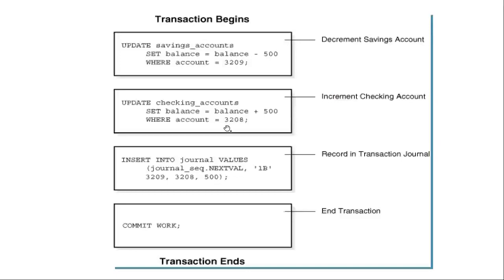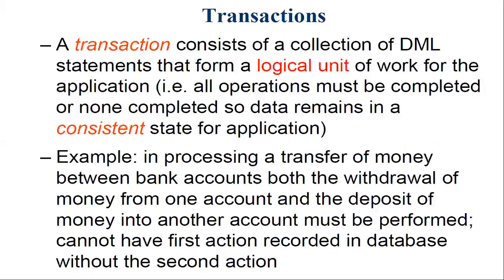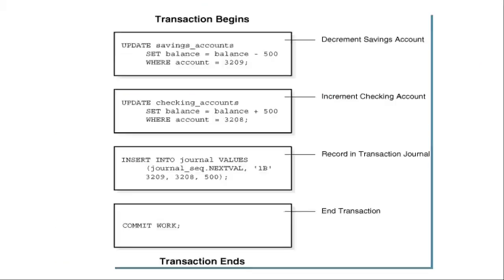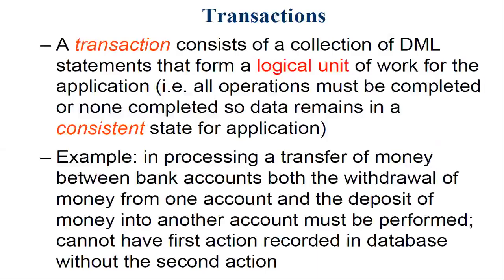The point is that you cannot have the first action recorded in the database without the second action. You perform the first action, deducting the money from one account, and the second action should deposit it. Then only can you complete the entire transaction, right?